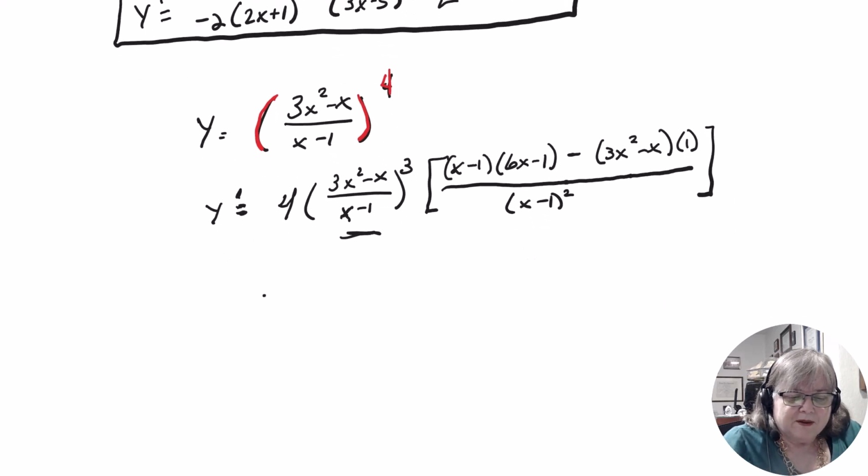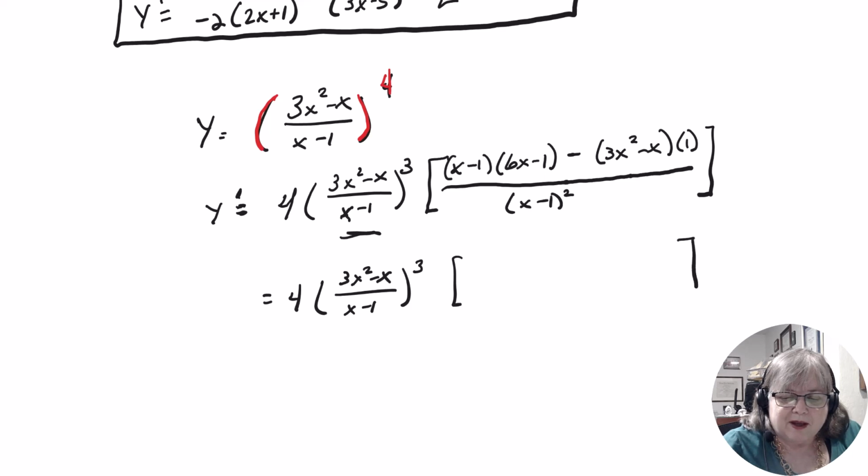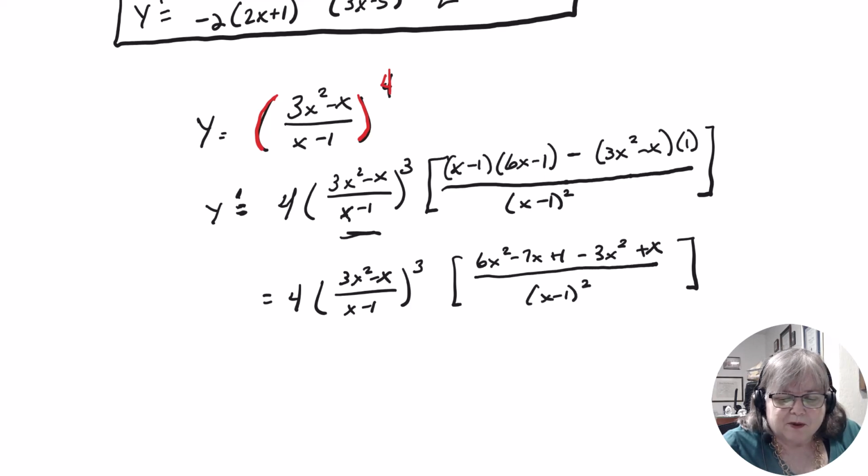Okay? So we have 4. Now we have to keep copying this down so we don't lose it. But all of our work is pretty much going to be in here. So you're going to multiply these parts out and then try to add them up together. So you'd have 6x² − 7x + 1 − 3x² + x all over (x − 1)².